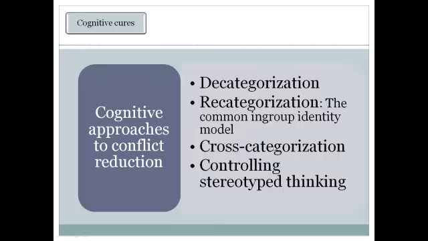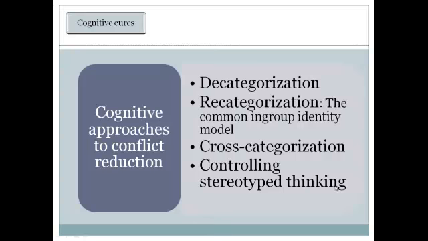Cross-categorization, this is where you can make cross-friendships, cross-relationships with members of the out-group and create new categories thereby. So now you can form connections between the in-group and the out-group, and that can help reduce that sense of distinct categories.